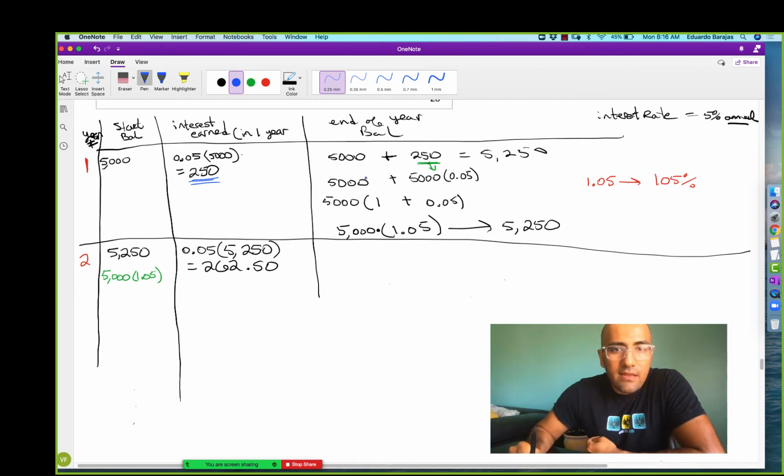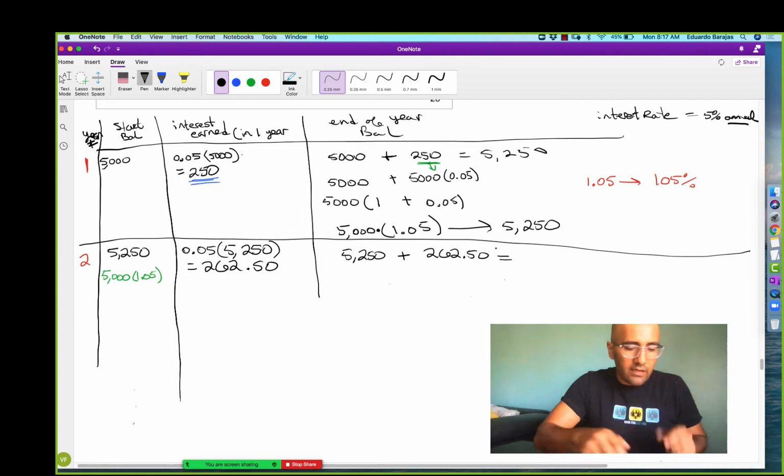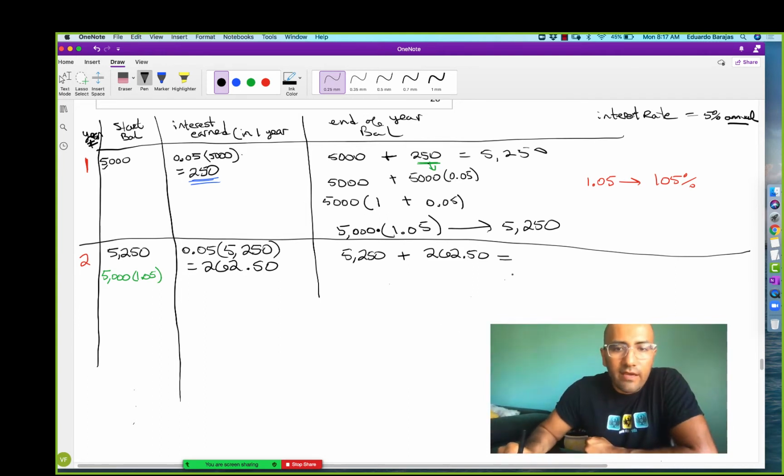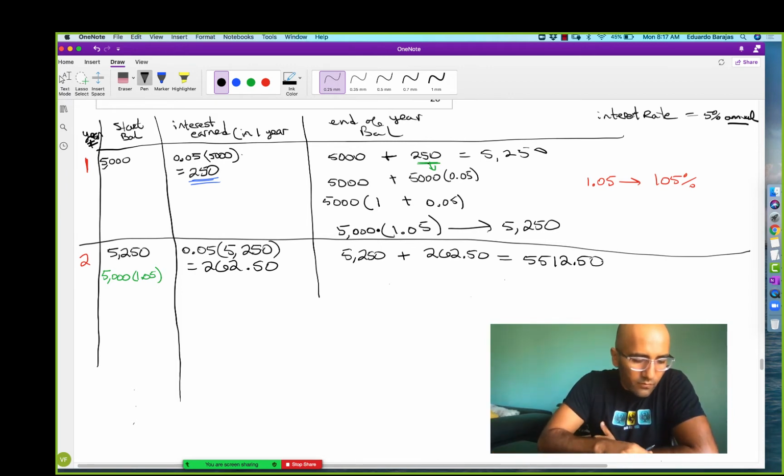So now at the end of your second year, you're going to have your initial balance, which was this $5,250, plus your new interest, which is $262.50. So we can just add those two things together, and of course you're going to have... Oops.